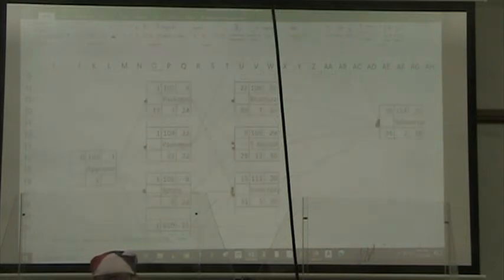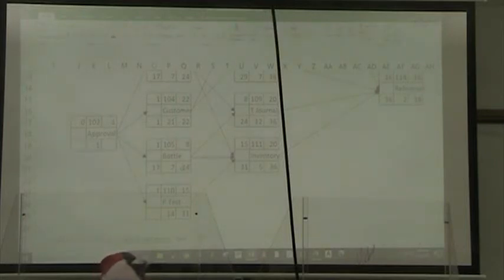Here for identifying customers, it's going to be equal to our late finish minus our duration. Here, for designing the bottle, it's going to be equal to our late finish minus our duration.